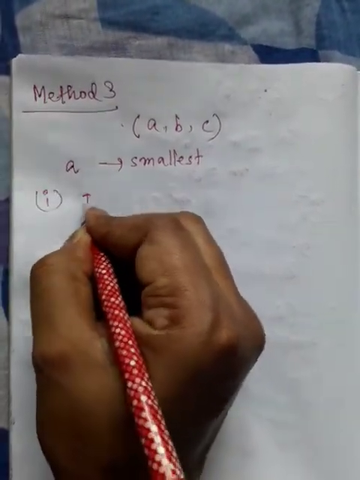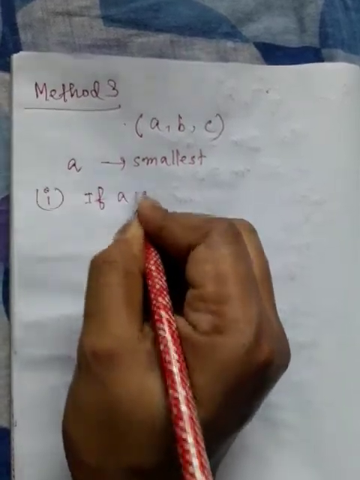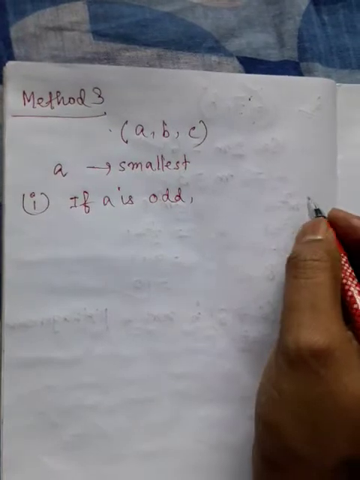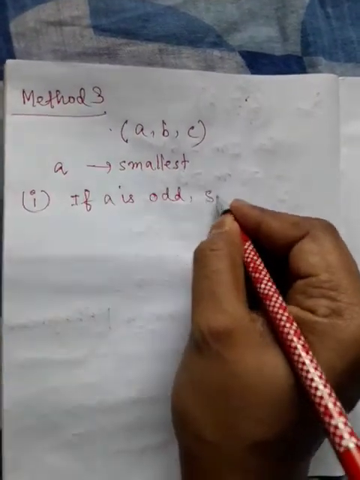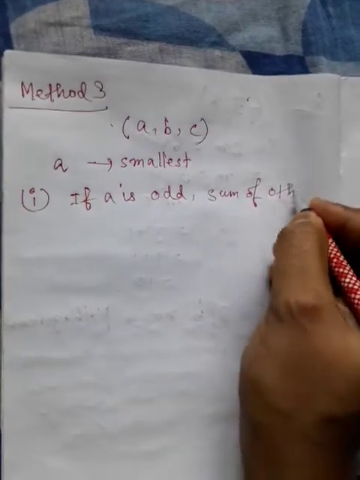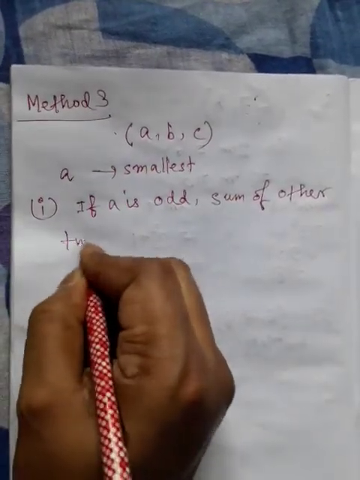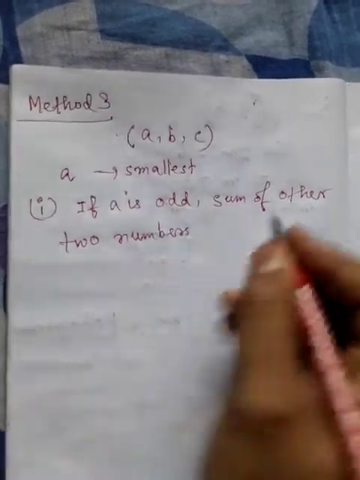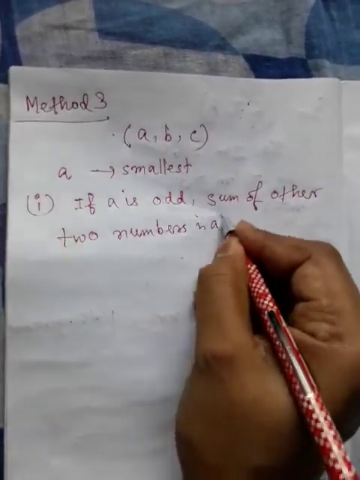First, if A is odd, the sum of the other two numbers is A square.